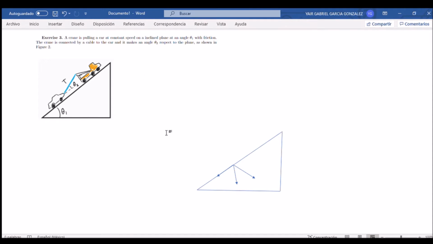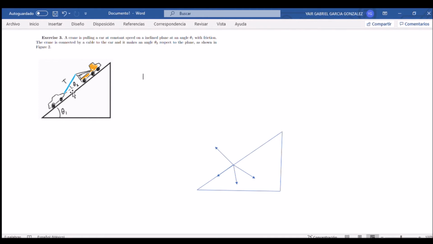For example, I draw the normal force, and the normal force is in the opposite direction. This is the normal force.